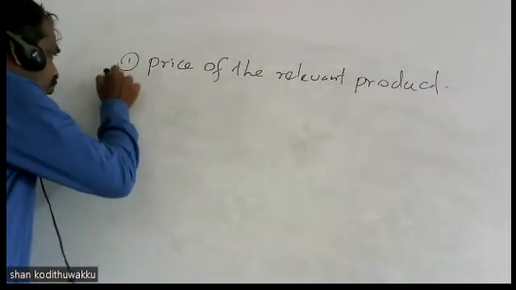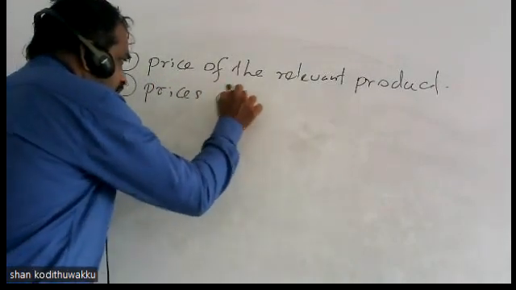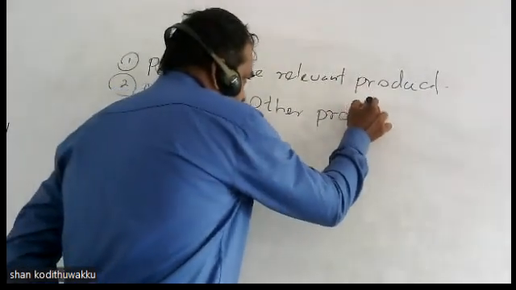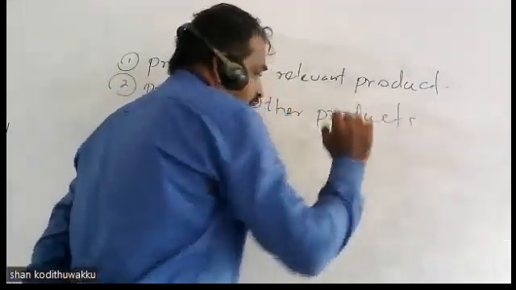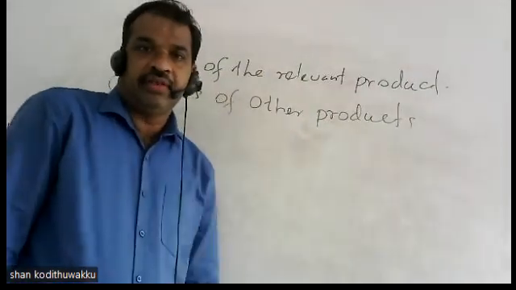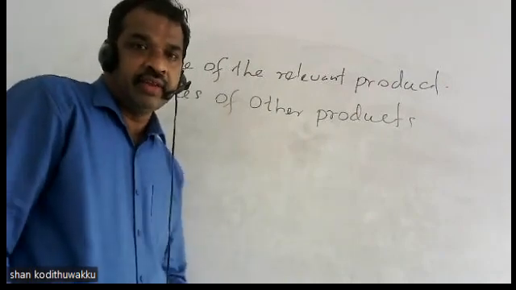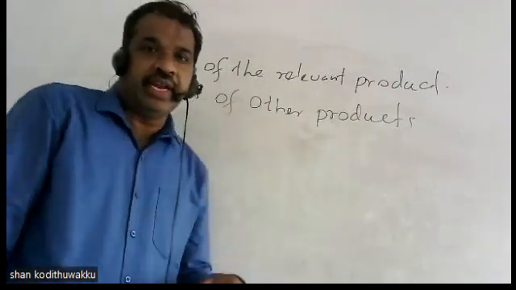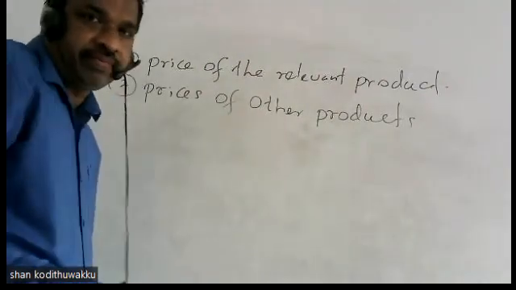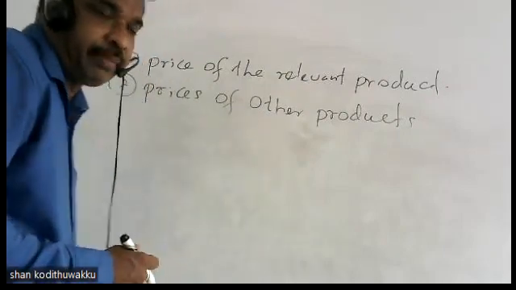Then number 2, prices of other products. For example, substitute products and complement products. We'll be discussing these things in detail through other questions. But here you are just asked to list factors affecting market demand for a product.